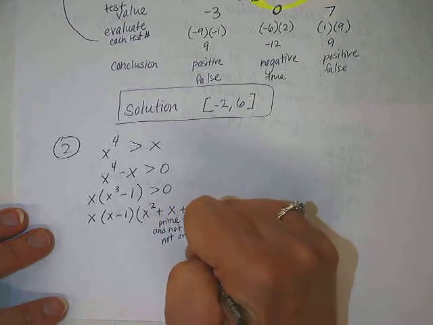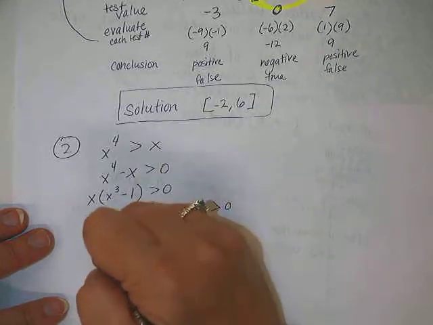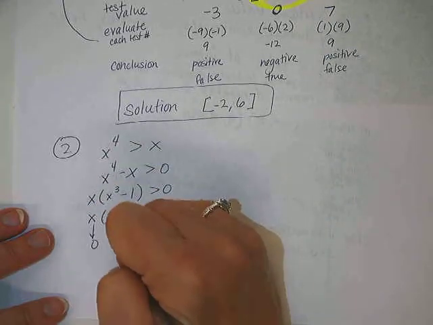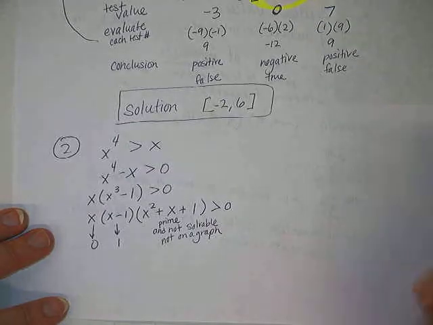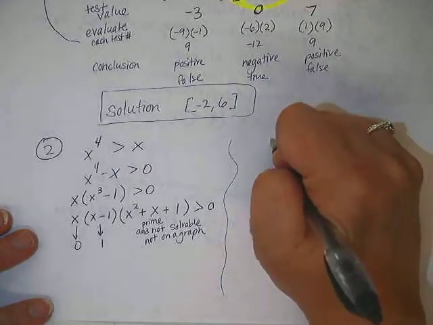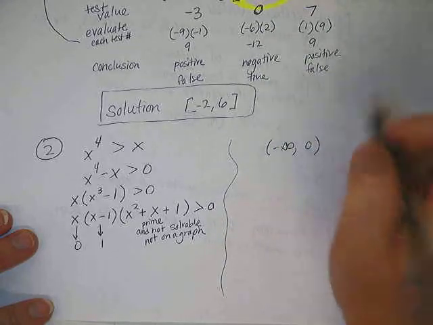And that would give us imaginary numbers if we were to use the quadratic formula, and therefore not numbers on a graph. Not solvable, not on a graph. Okay? So our only critical values would come from here and here. Critical values then would be 0 and positive 1.